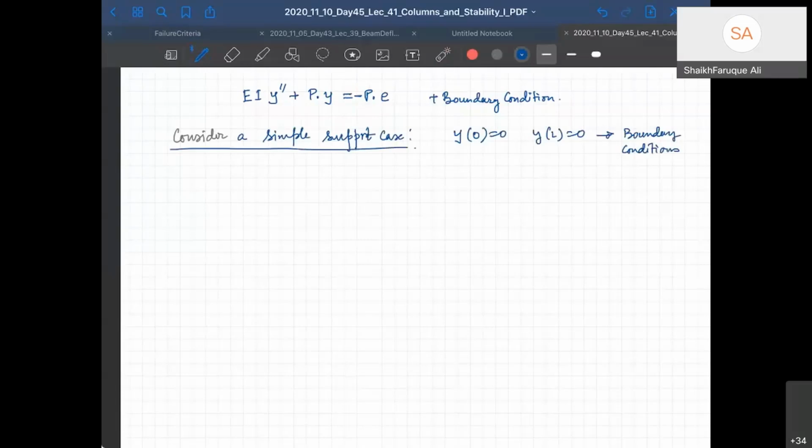Now, I know the solution is going to look like C1 sine. Let's write P by EI is equal to lambda square again. Let's write this equation in a different format: y double dot plus P by EI y is equal to minus P by EI into e.